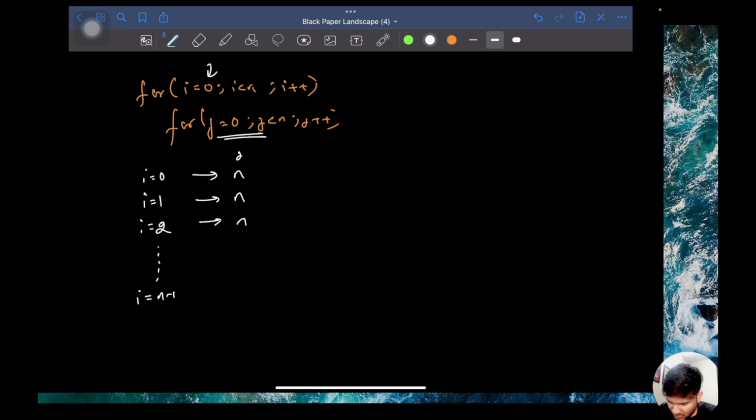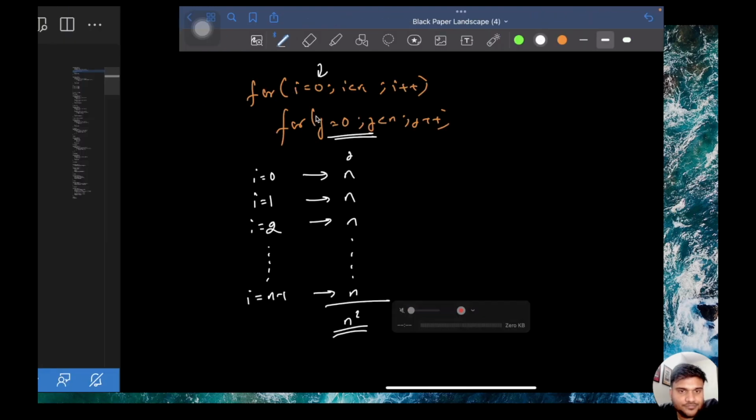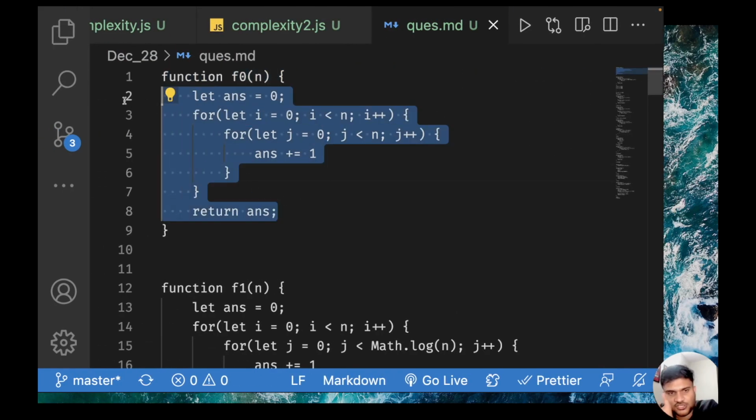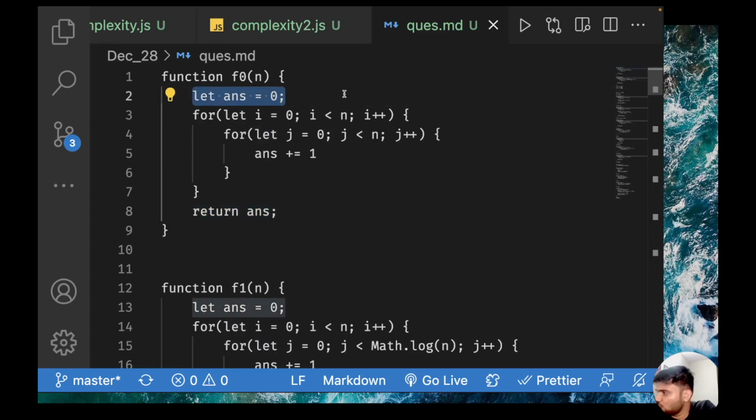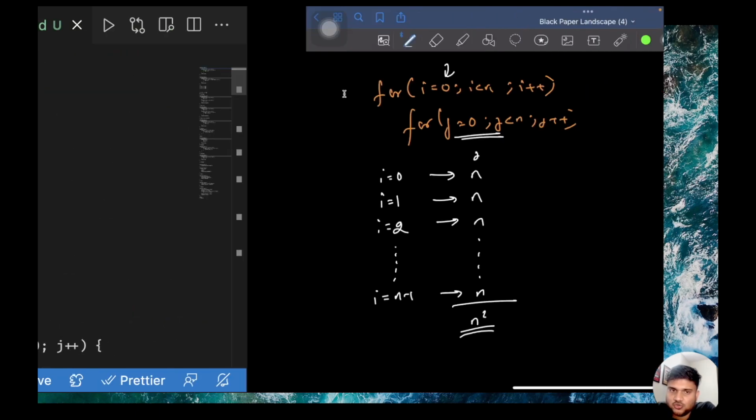When i becomes n minus 1, j will still go for n. What is the total number of iterations? n square. So the whole function f0 is somewhere around n square iterations, plus 2 more iterations, that is just a return statement and a variable initializer.